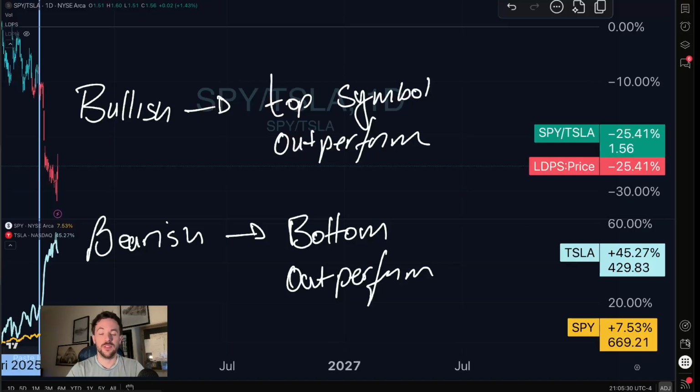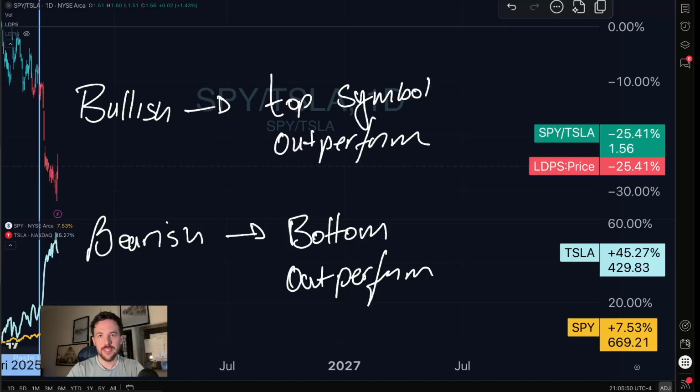We're just looking at the relative performance between two symbols, or 3 or 4 or 5. And then we just go by the colors. If they're green, the top symbol or symbols should outperform. And if it's bearish, then the bottom symbol should outperform.